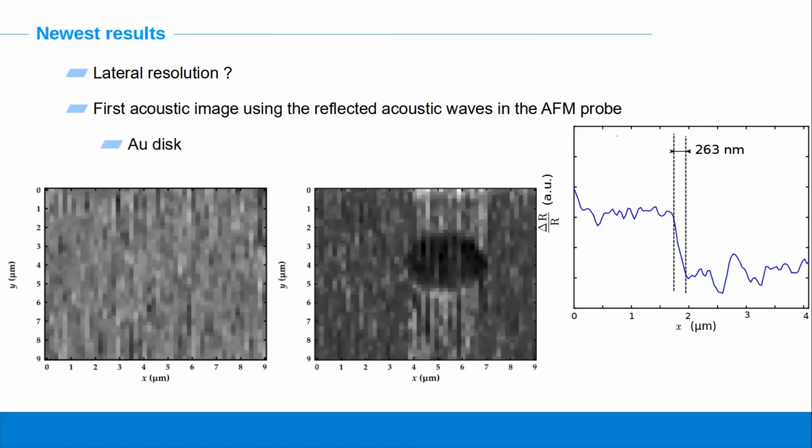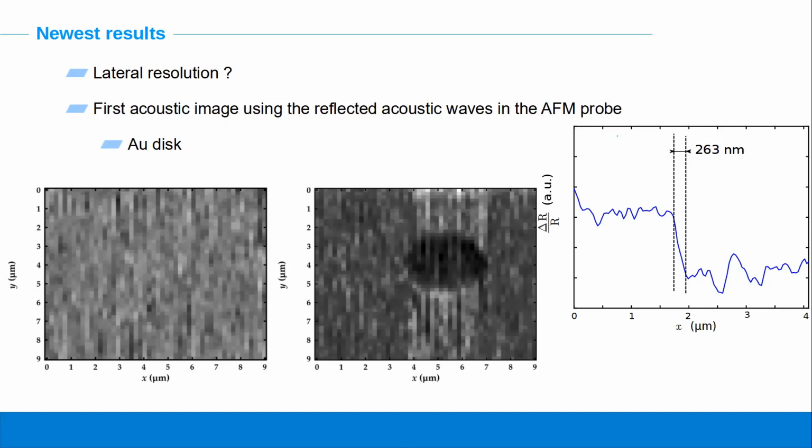As a few measurements have been performed when you have gold disks, such as the one introduced previously, on top of a silicon substrate. When you look at the time before the acoustic echo, you don't see any structures.